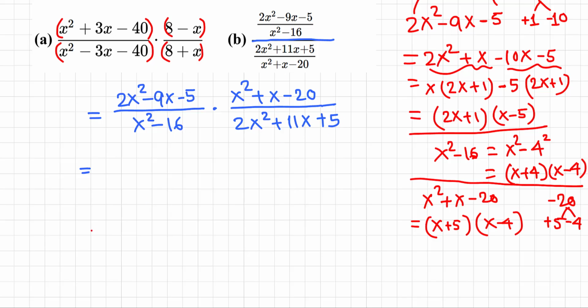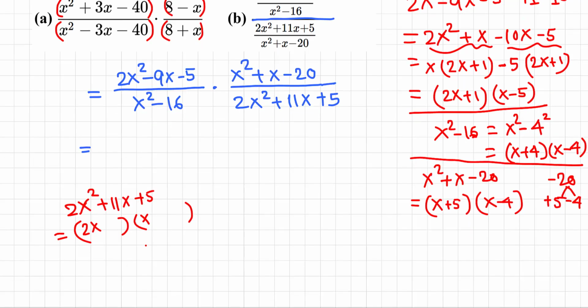Now that leaves 2x squared plus 11x plus 5. All plus means we don't have to worry about signs, all plus. We can do this just by trial and error. 2x squared, the only way 2x squared factors is 2x times x. Okay, 2x times x.